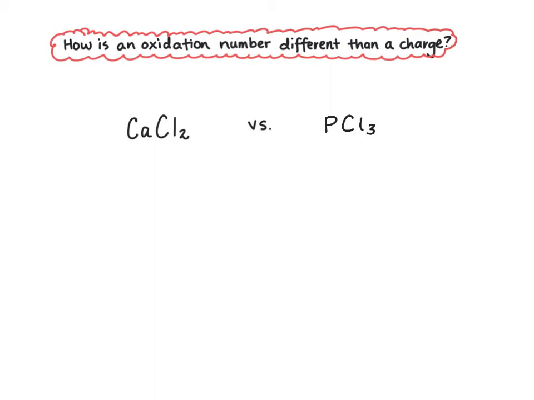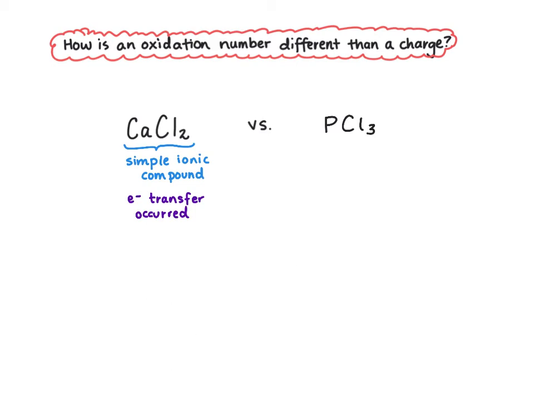So with calcium chloride, we have a simple ionic compound. In a simple ionic compound, electron transfer actually occurred. So because electron transfer took place, we already know the oxidation state of each of our elements because we know their charge.